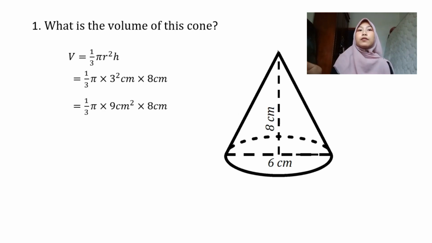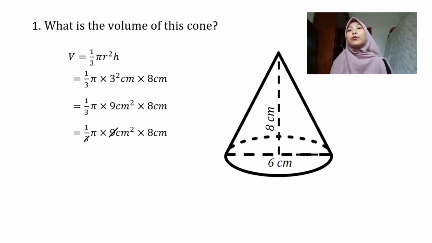And we have 1/3 times pi times 9 centimeters squared times 8 centimeters. Simplifying from here, I would multiply 1/3 times 9. Next, notice that 9 and 3 cross cancel to 3 and 1. And we have 1 times pi times 3 centimeters squared times 8 centimeters.